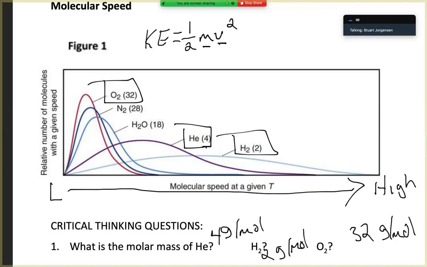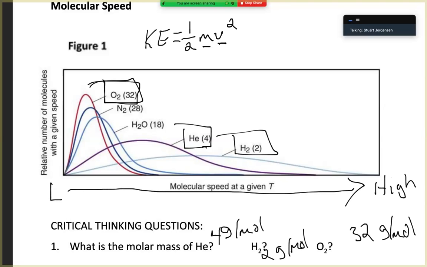The further left we are on this graph, the slower our particles are going. The further right your average particles are, the faster they're going. Comparing these, our lowest molecular speed would be the one furthest to the left. That's going to be our oxygen. Oxygen has the lowest molecular speed on average.